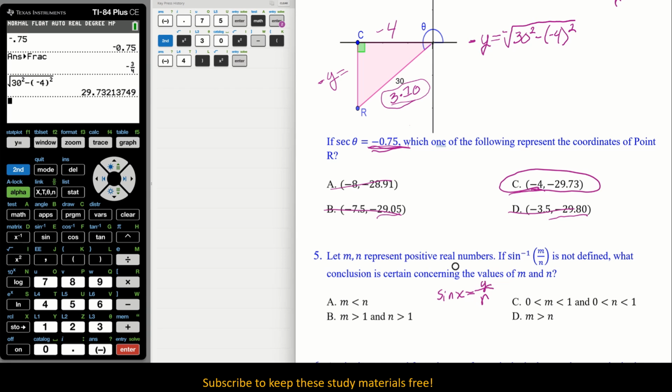If we call this M and this N, for this to be valid, N must always be greater than M, or M is less than N. Well, this means this is valid. We want one that is not valid. Well, I'm saying that would be D.